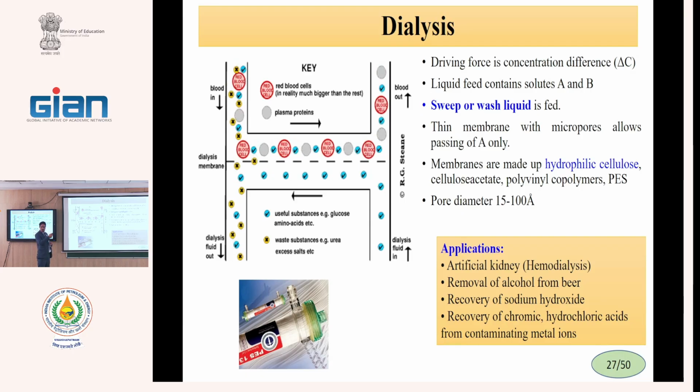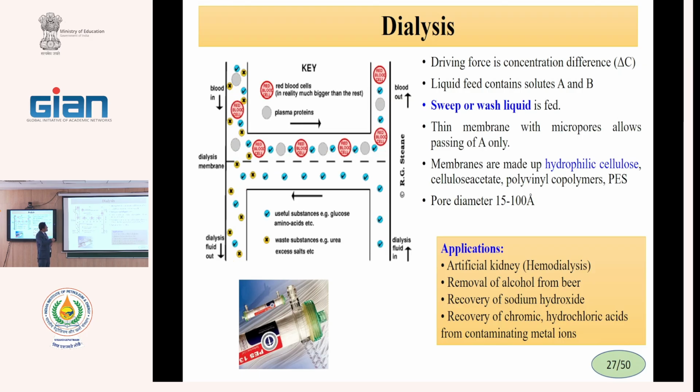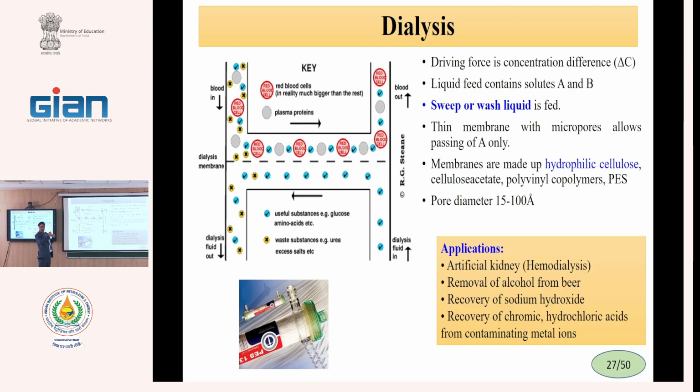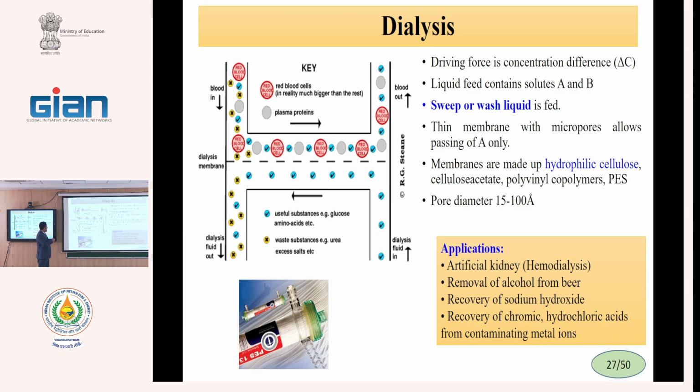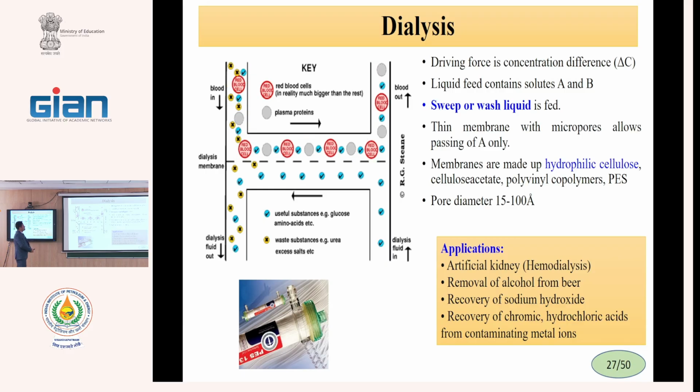We know the blood is salty. We use a salty solution, and the salt of the blood does not pass, but the urea can pass and separate from the blood.